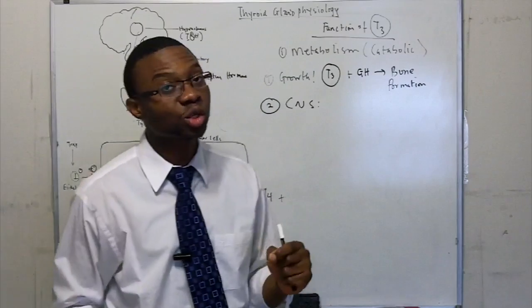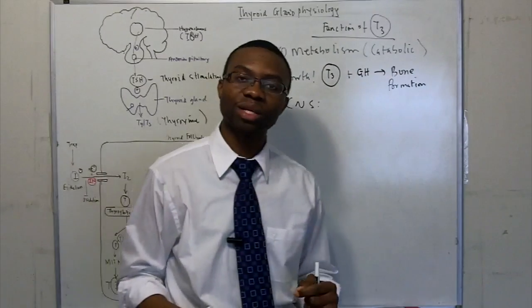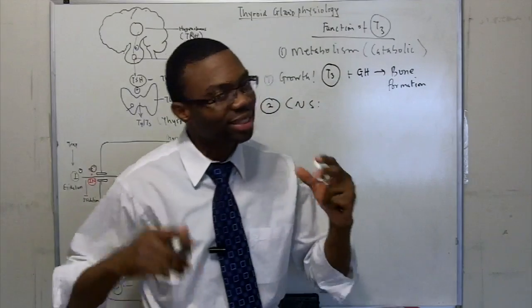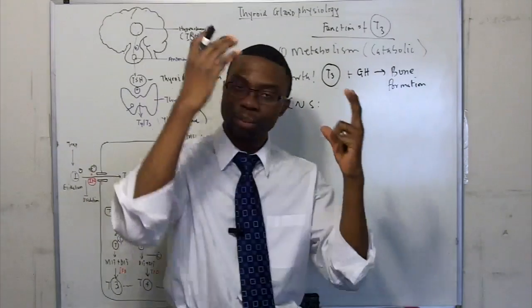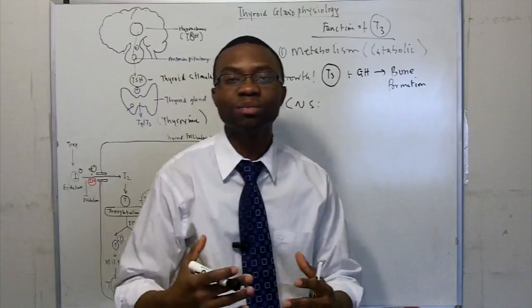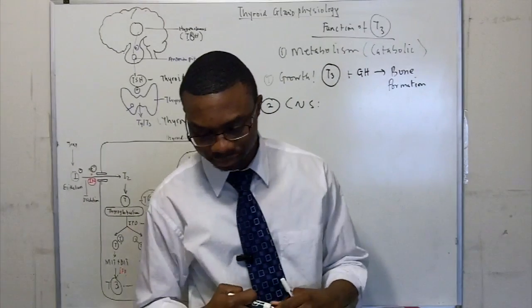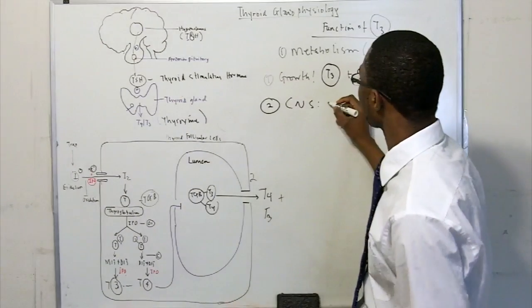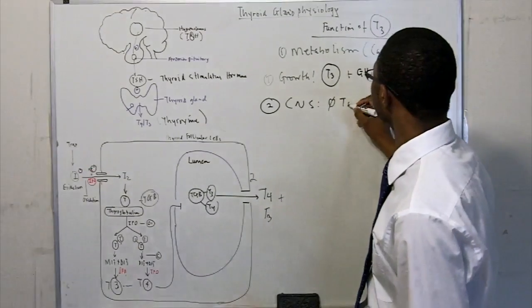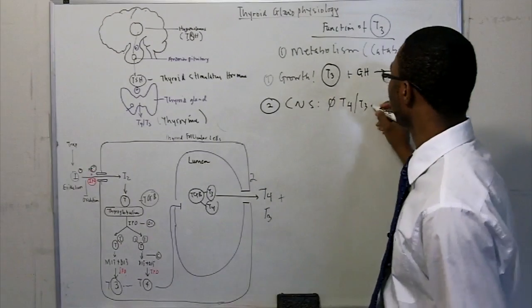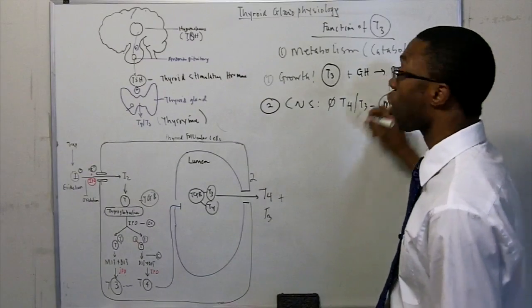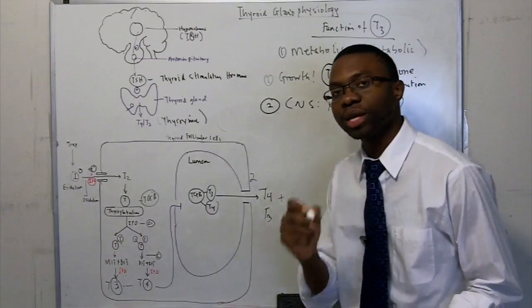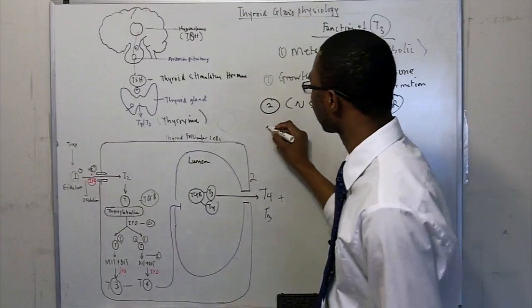So it's absolutely important that you have the thyroid gland working once you're born so that the CNS, which is the central nervous system, your brain and your spinal cord, can develop and mature. If you don't have T4 and T3, you become mentally retarded. So at birth, neonates always get screened.